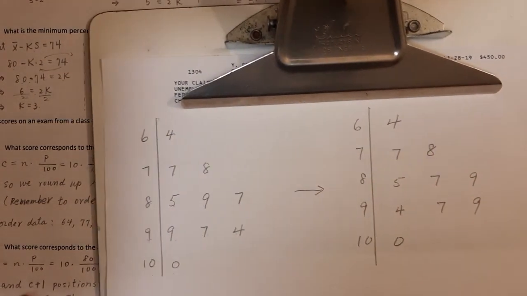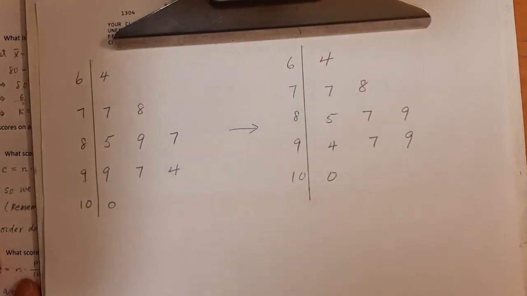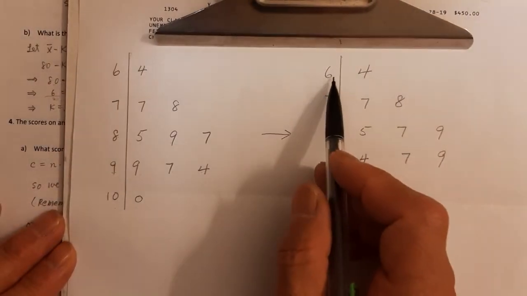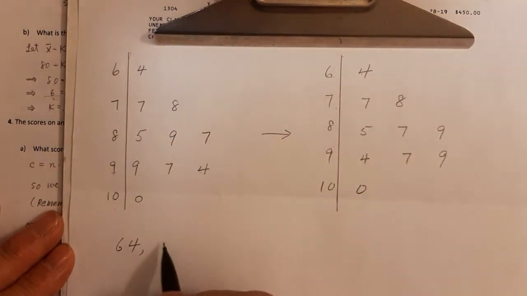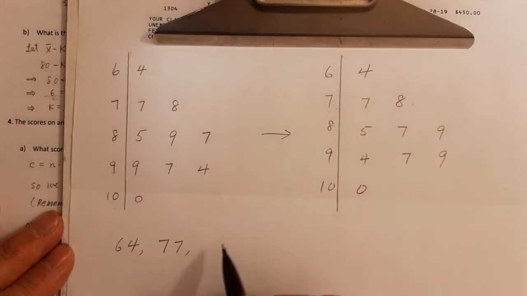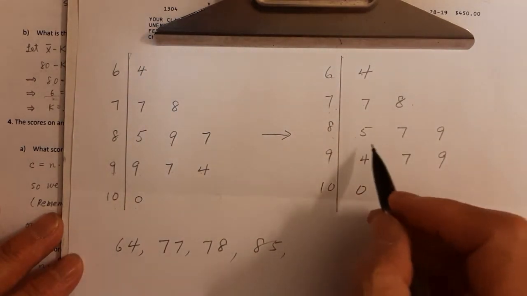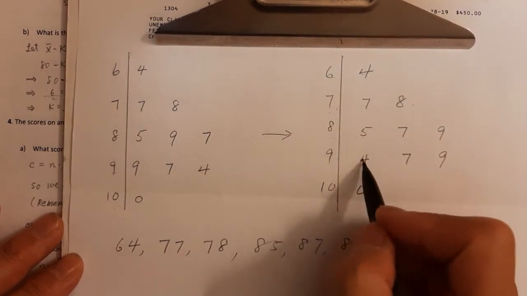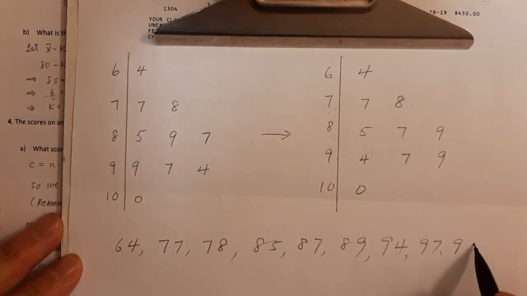This we call a stem-and-leaf plot. Then we write down the numbers: 64, then 77, then 78, then 85, 87, 89, 94, 97, 99, then 100.